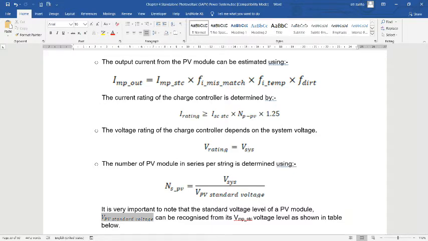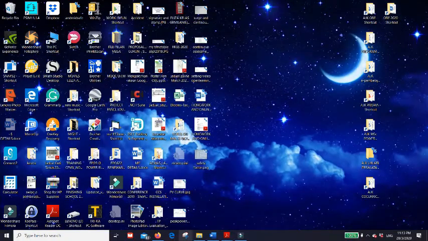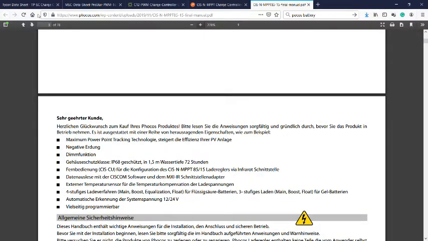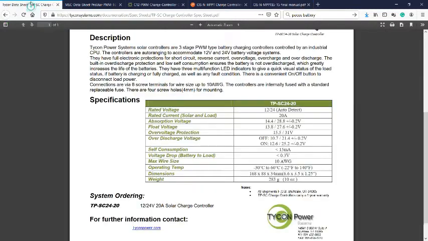Okay. So let's open one example of the datasheet of the charge controller. Okay, example here, this is a charge controller, Tycoon power system solar controller. So this controller is a PWM type or standard type, same thing. So they have 3 stage. So usually 3 stage is bulk, absorption, and float.